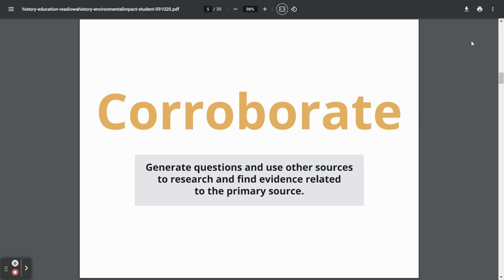If we do, we know that our primary source is giving us accurate information. If we don't find the same information, or especially if we find different information, then we need to ask ourselves if our original source was something good to have in the first place.